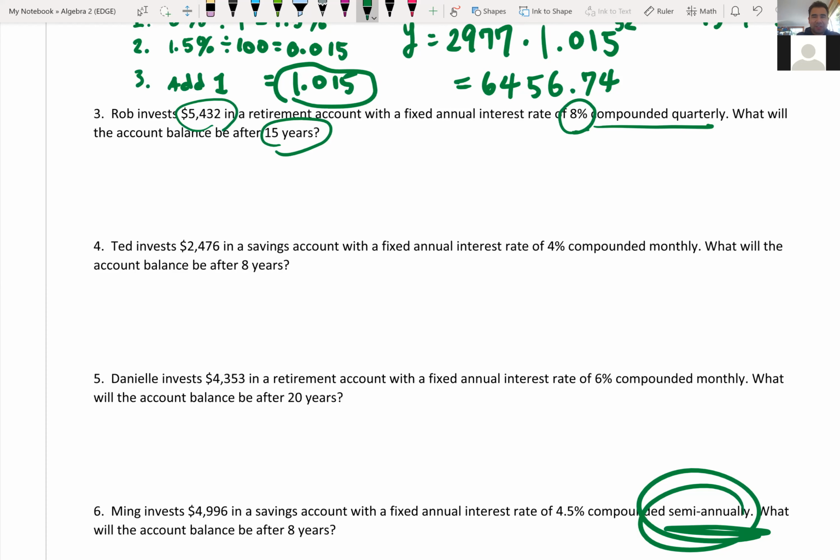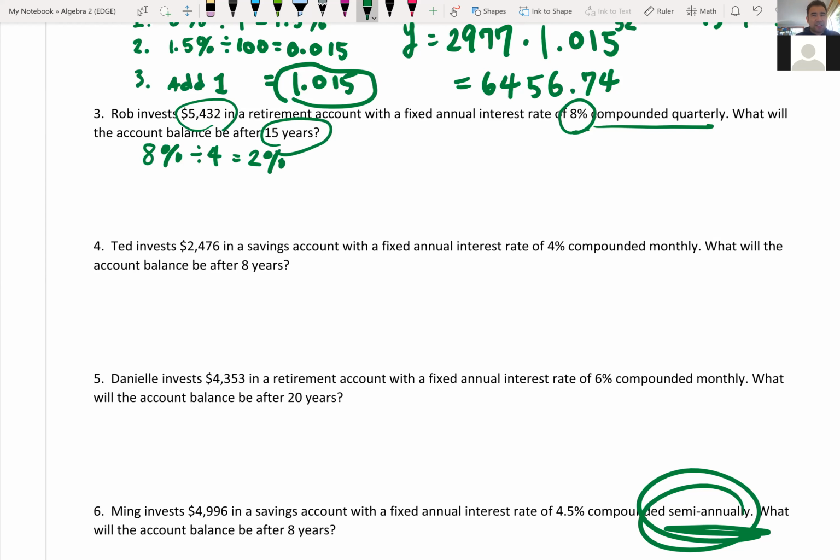You guys okay on this? So let's begin. 8%, divide by 4, which is 2%. So every 3 months, you're going to receive 2%, 2%, 2%, 2%, 4 times.